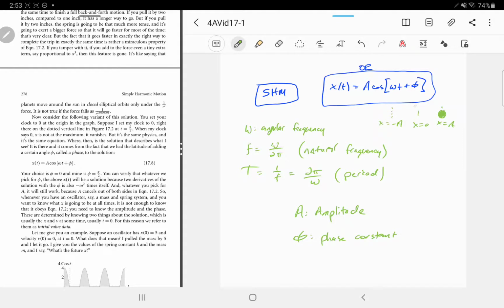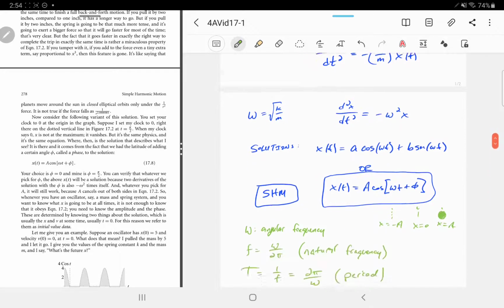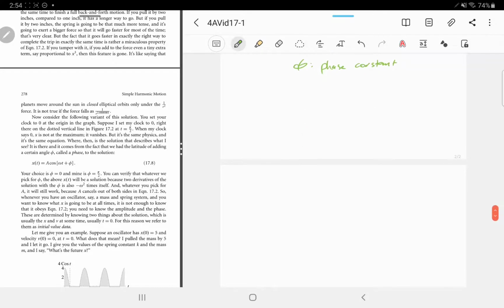Because you could say t equals 0 when the particle is right here and moving to the right. So if the particle is at x equals 0 at t equals 0 with some non-zero speed, then phi would either be plus or minus pi over 2, a quarter of a cycle. Okay, I think that's all of the parameters introduced, all of the names.